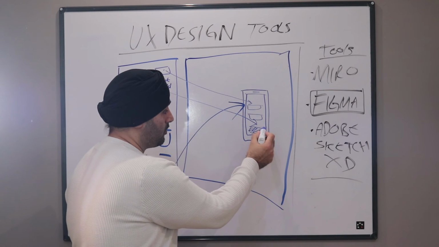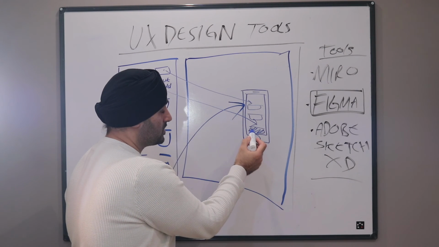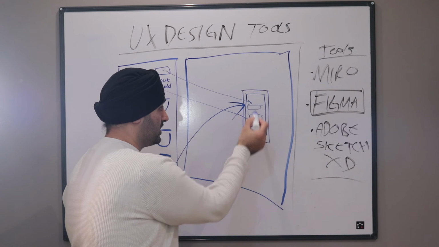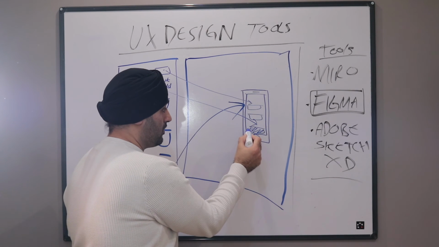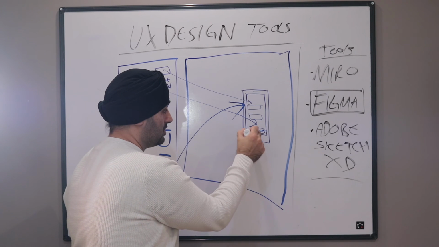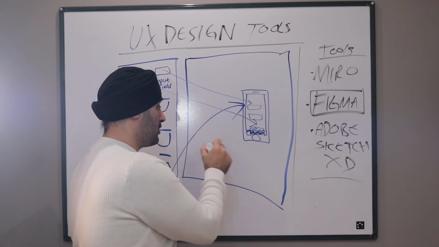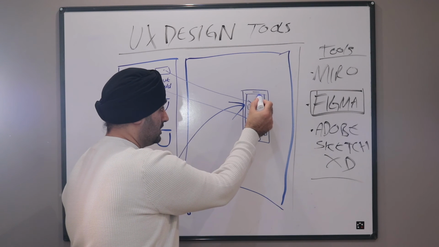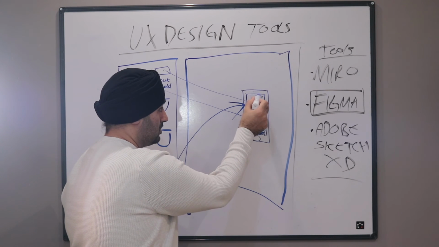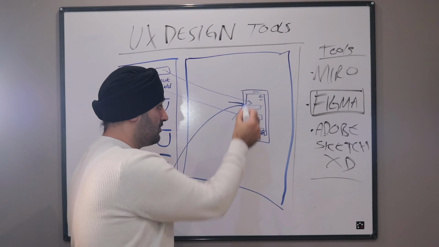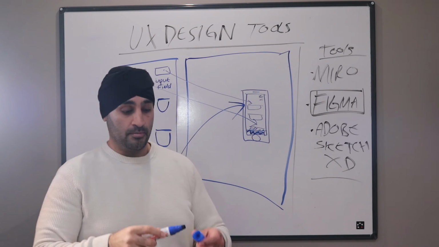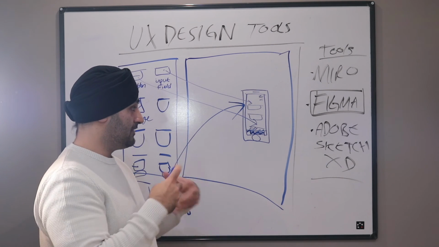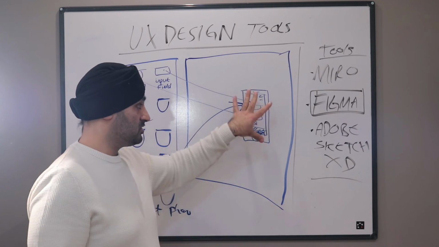Then you think, okay, what would happen if we had a footer at the bottom, or what would happen if we had the menu over here, or over here, and whatnot. It just gives you a tool to do all this stuff.